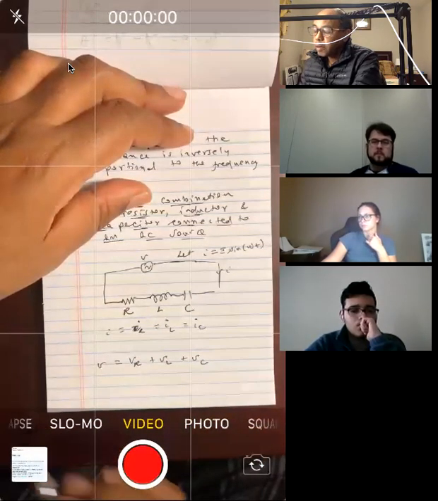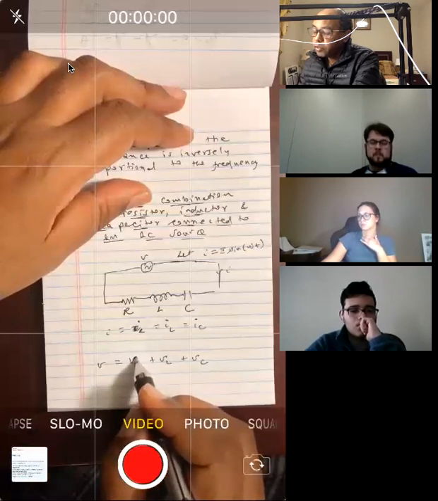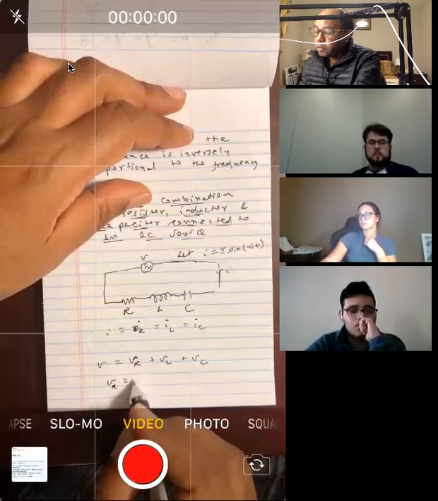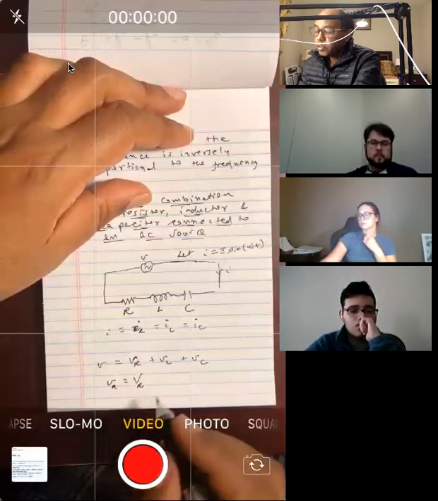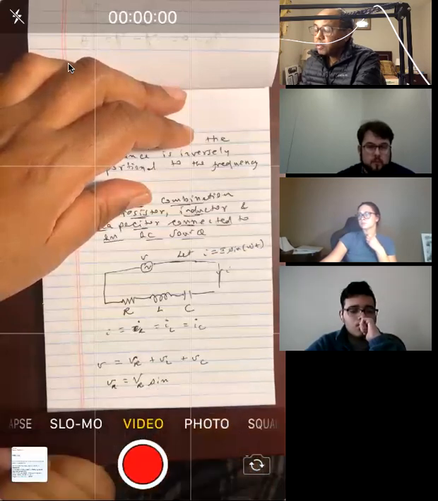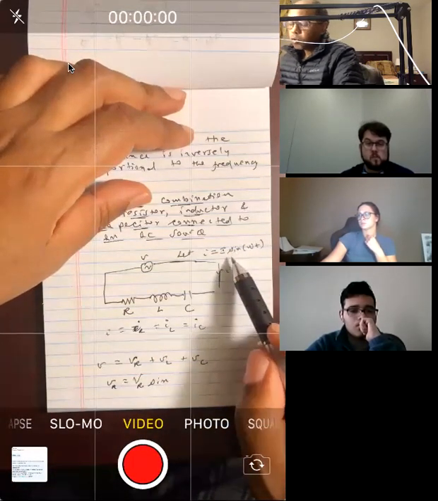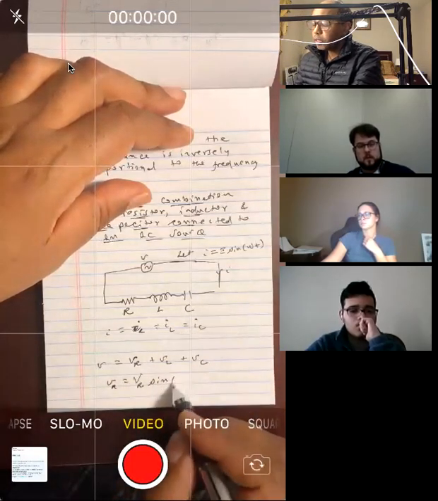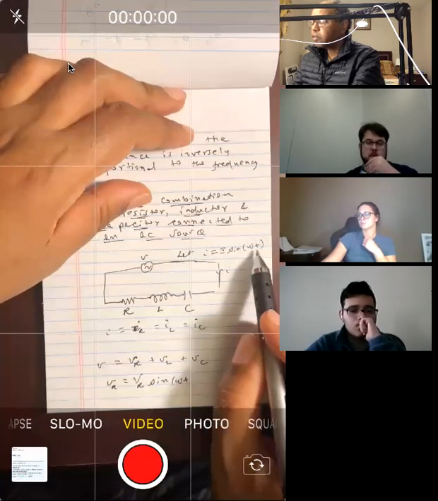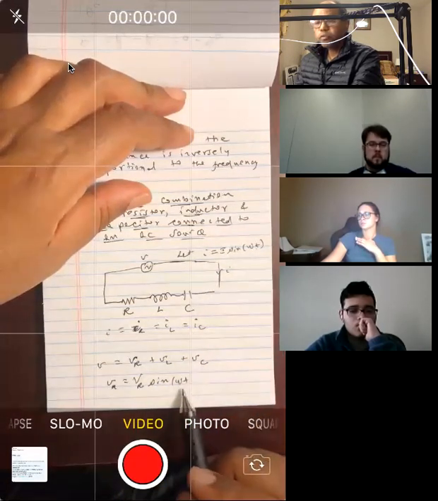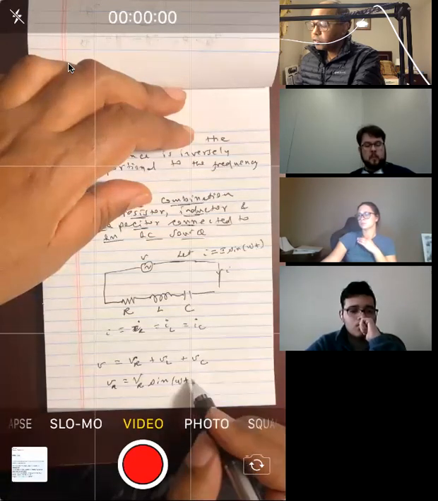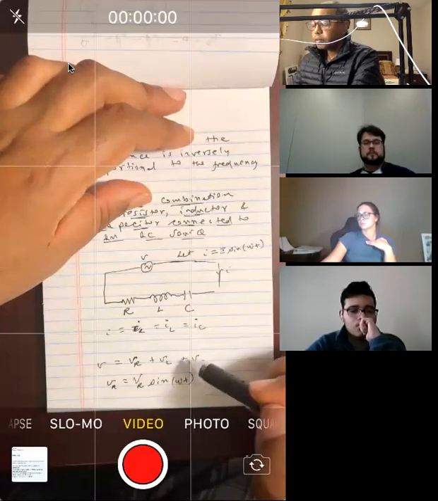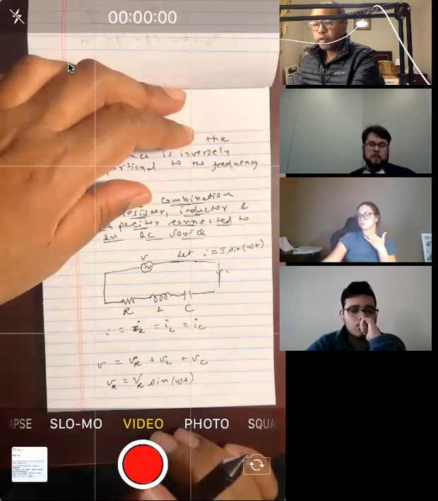Right, now this is the instantaneous value over here. The instantaneous value across the resistor would be the amplitude across the resistor sine of, now you see, for a resistor, the current and the voltage are in phase, right? So this will be omega t plus 0. If the phase angle of the current is 0, the phase angle of the voltage across the resistor is going to be 0, okay? So this is how the voltage is going to be presented because they're in phase, sine omega t, sine omega t. The voltage across the resistor and the current are in phase, okay?